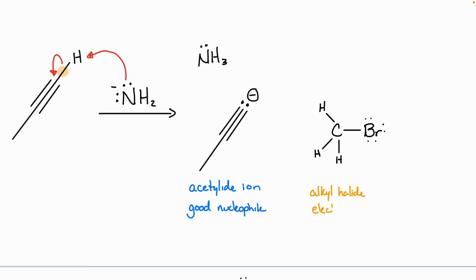These are electrophiles because they have that polar bond, right, which means that carbon has a partial positive charge, but importantly, they also have a good leaving group. So the nucleophile is going to do what nucleophiles do.